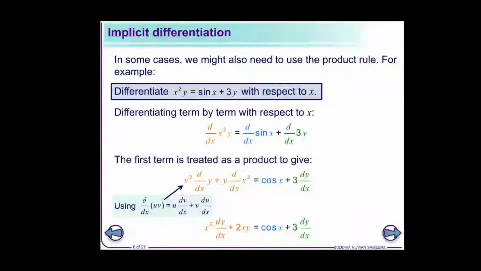So the final answer should be x square times dy over dx plus 2xy equal cos x plus 3 times dy over dx. After that you need to make dy over dx the subject.